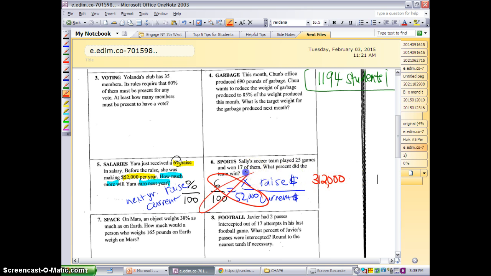Then I'm going to cross multiply the other side, which equals 100x. So then I'm going to take the 100 and divide it with 312,000, and that's going to give me $3,120 is how much extra. It's almost like her little bonus, but it is her raise that she gets added to her current salary.